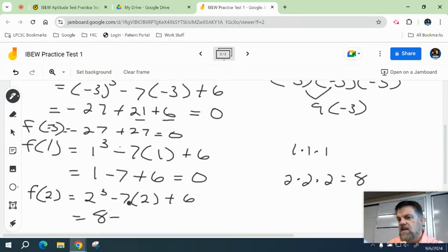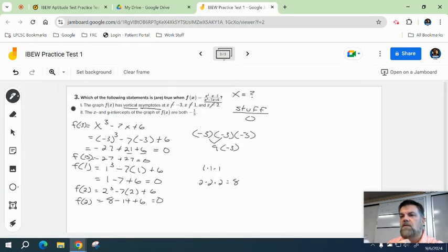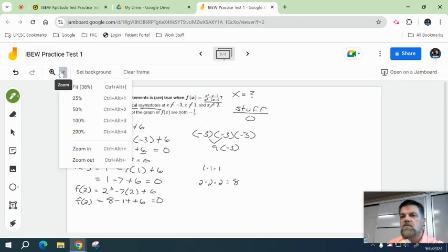So we got 8, and then this is minus 14 plus 6. 8 plus 6 is 14, minus 14 is 0. So far, the second statement checks out. So this statement, part 1, we have to verify what's true. So far, this checks out.